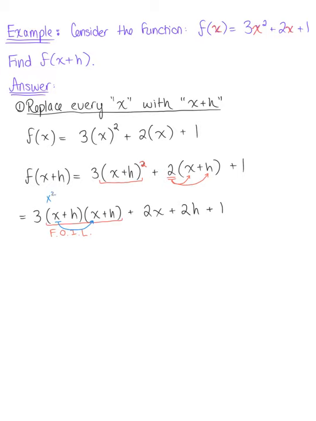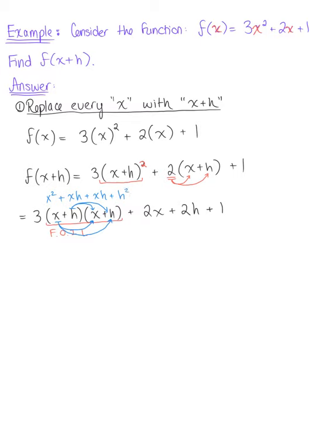So x times x gives us x squared. We have x multiplied by h, which gives us plus xh. We then move to this second term, this h here, and we'll distribute it the same way. H times x, which is plus xh, and then h times h, which gives us plus h squared.